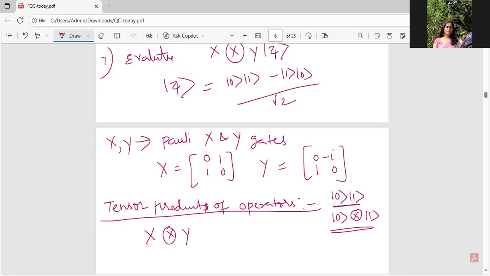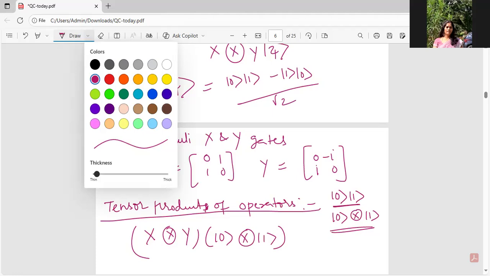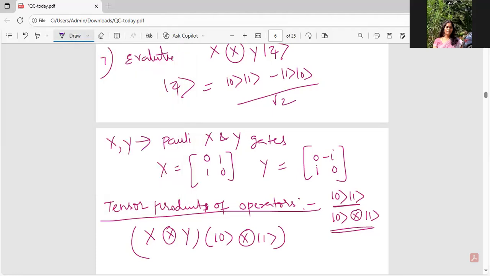Now you see, I have the tensor product of operators capital X and capital Y, guys. This has to be operated on two states, ket 0 and ket 1. How do I do it? If you understand this logic, the whole problem is dead easy. When I am working with operators, the first one operates on the first state, the second one operates on the second state.